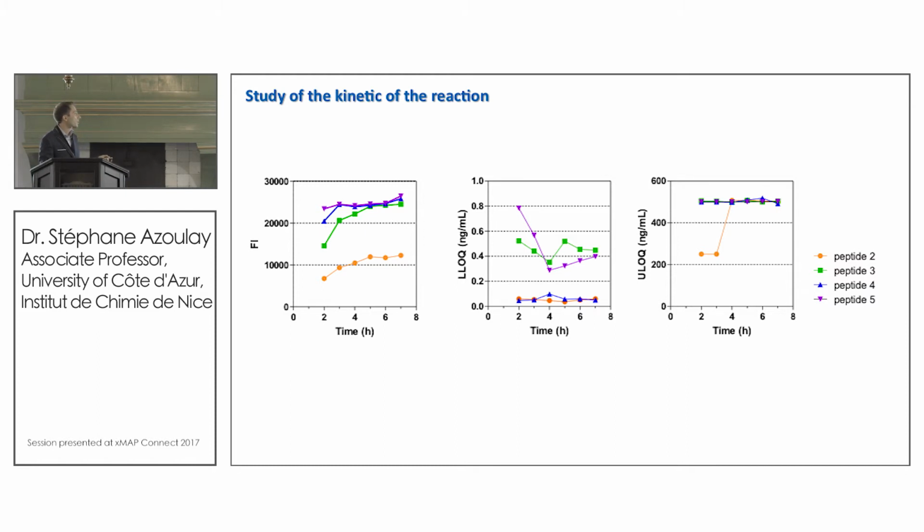The kinetics of the reaction are a little different between the antibodies, but you have nearly a stabilization around 4 hours, and at this point you observe the best ratio between the LLOQ and the fluorescence intensity.